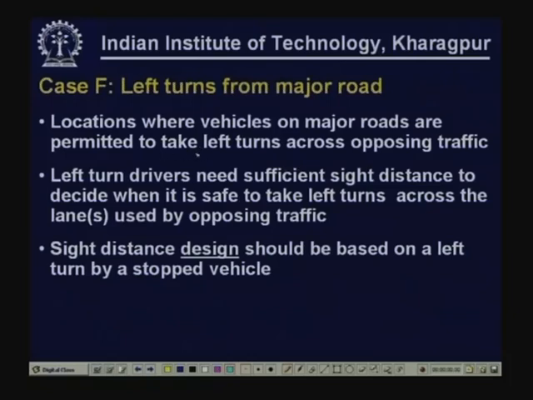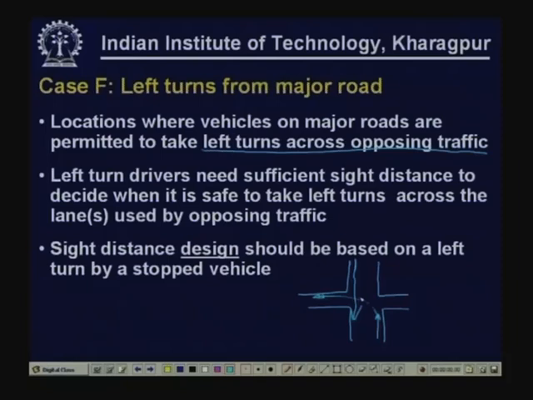So, say this is the vehicle which is traveling along the major road, it has to take a left turn like this. Okay. So, against this opposing movement, opposing traffic.